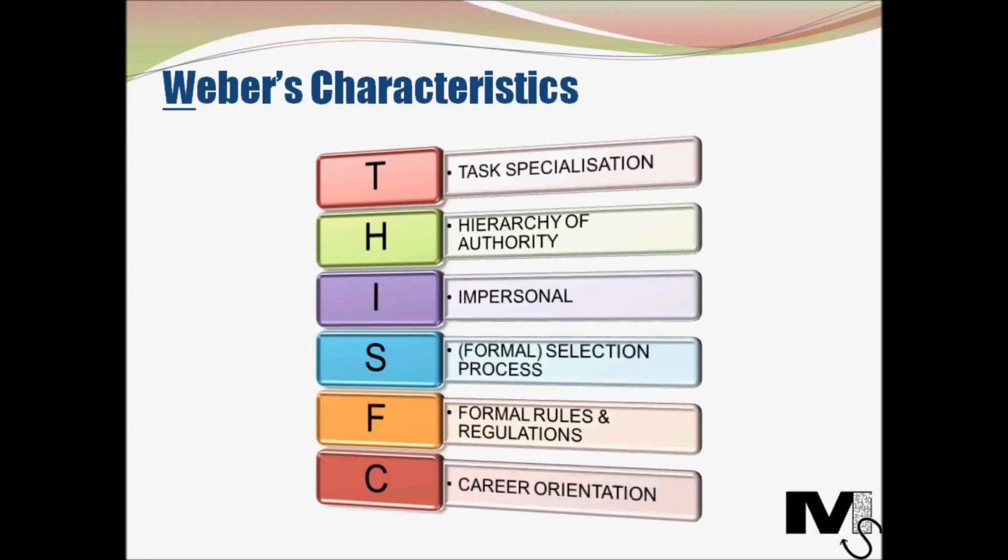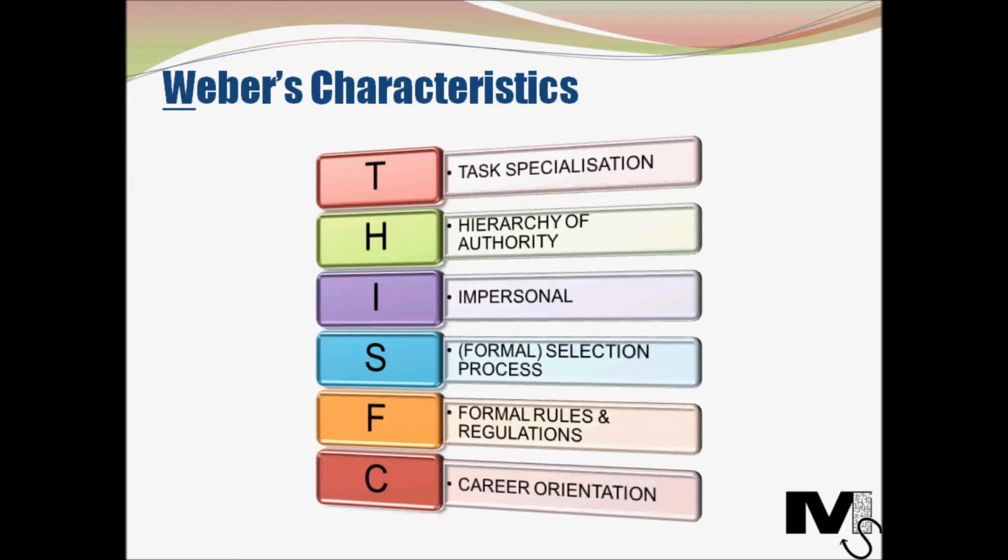Okay, so these are the actual characteristics that an ideal bureaucracy will carry, and we're going to look at each one in detail now. But in terms of remembering these characteristics for your exams or just remembering it in general, what I did is I specifically took the first character from each characteristic to form THISFC.